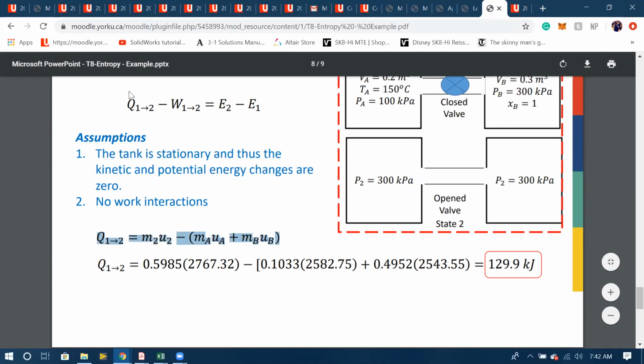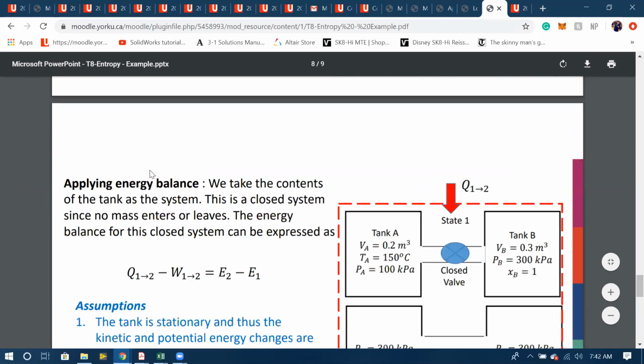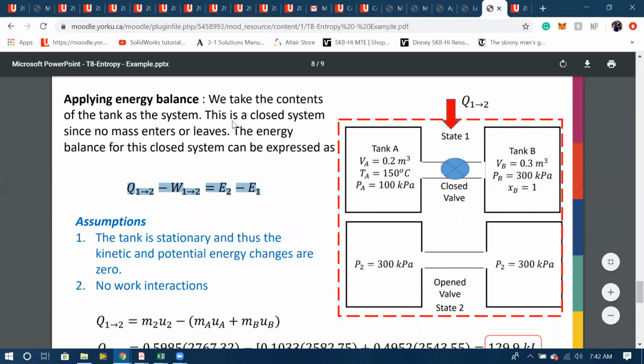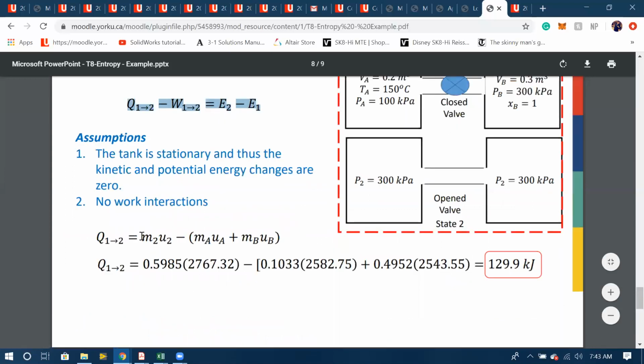He made these assumptions, tank is stationary, and so on, energy balance to this, there's no work, and delta E, he used MU and the different masses, MA, MB, and he got this. So why is this not negative?